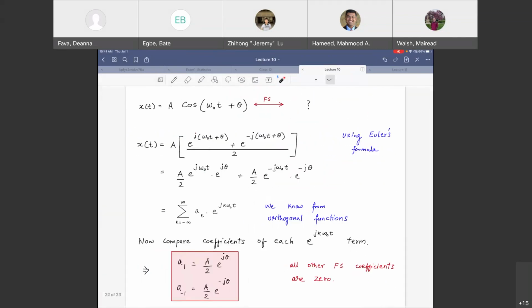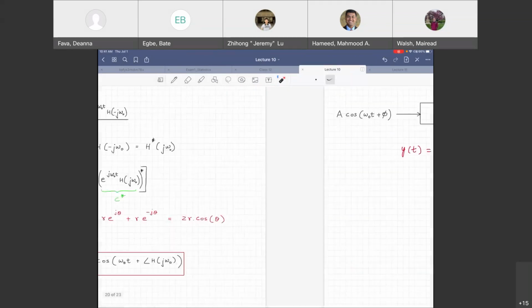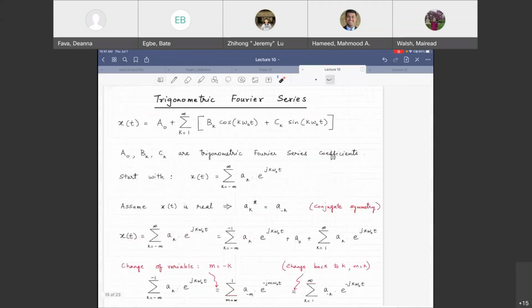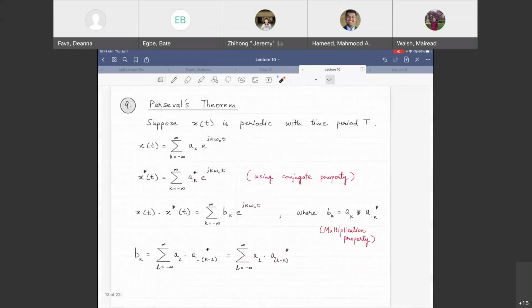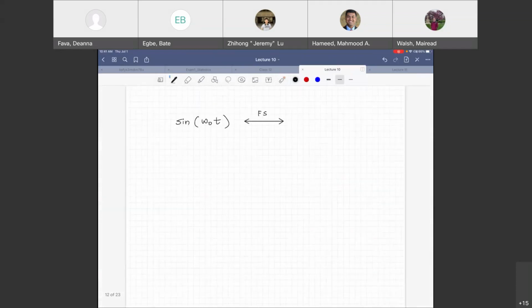Now, if you look at this and try to find the Fourier series coefficients of a sine, we can do that quickly as well. For a sine omega naught t, what can I write using Euler's? This is e to the j omega naught t minus e to the minus j omega naught t, divided by 2j.